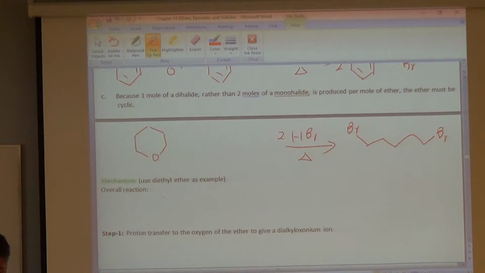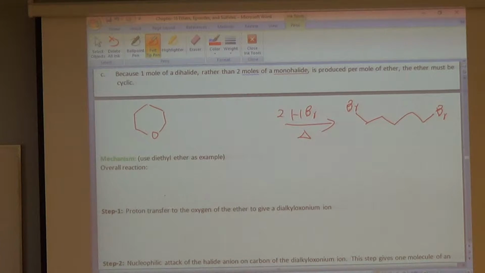Now, what is the mechanism? Usually the mechanism will help you to memorize the equation, so those reactions make sense. Let's use the example of diethyl ether with HBr, which produces 2 of the ethyl bromide plus water. Diethyl ether has an oxygen with an ethyl on each side.